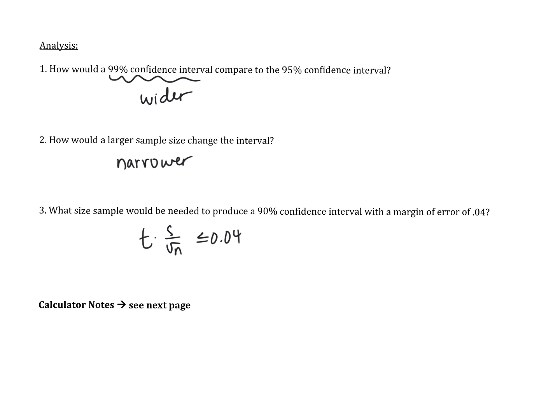So if you're ever going to do this, in place of t, you have to use the z value because we don't have degrees of freedom. So z for 90% is 1.645. And then you would solve for n. Okay, that's the notes. That's the confidence interval for mean.